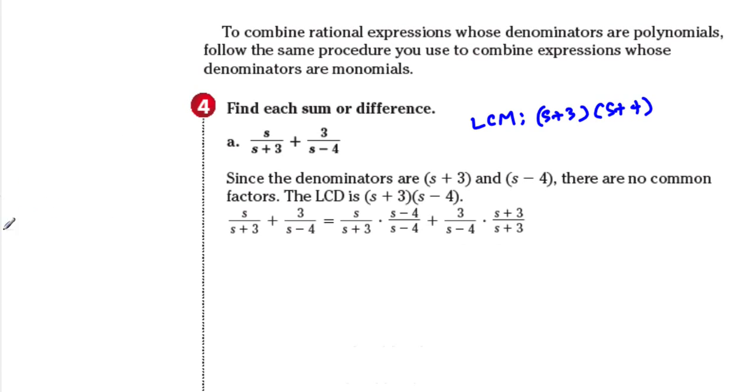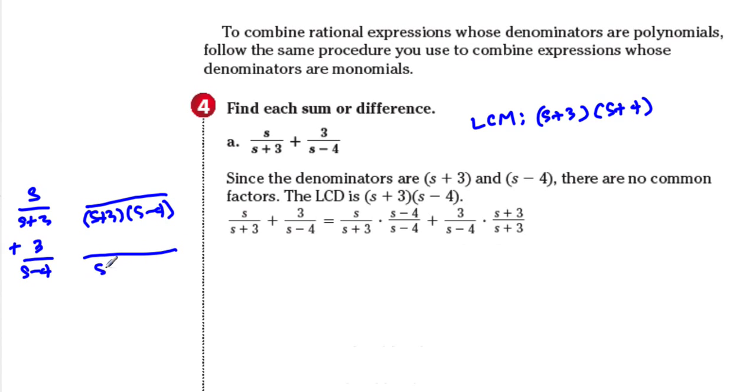You now have s over s plus 3 plus 3 over s minus 4, and the LCM is s plus 3 times s minus 4.